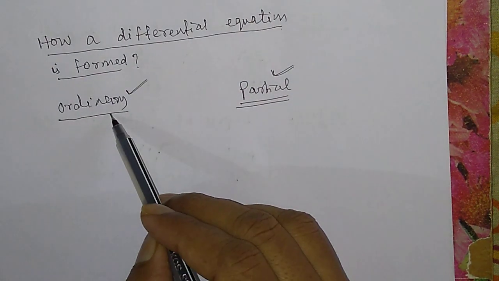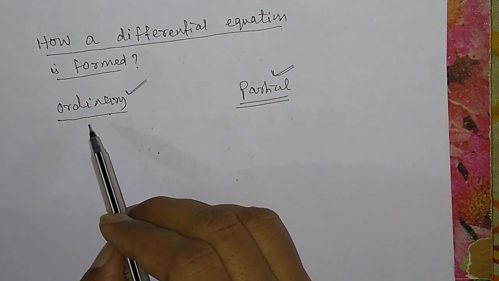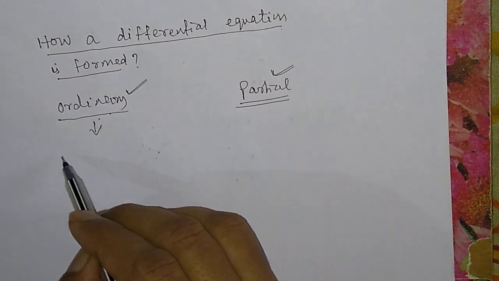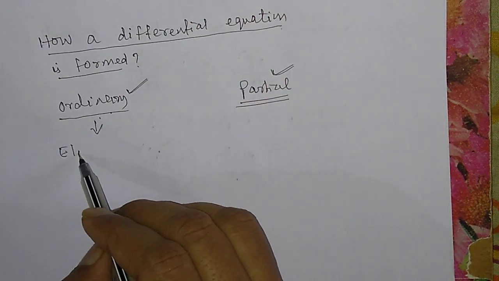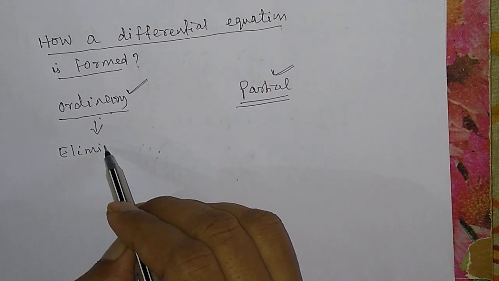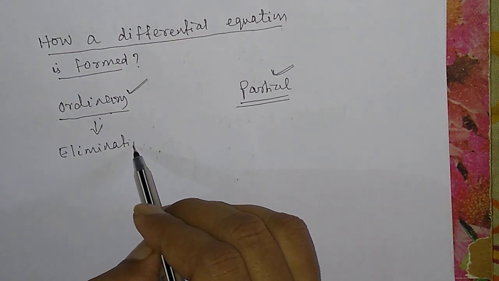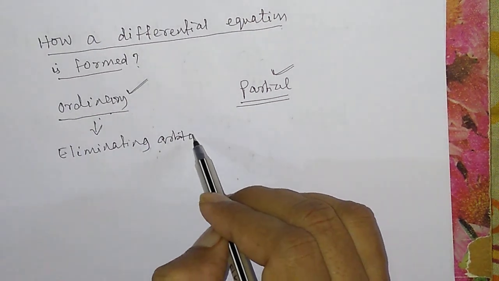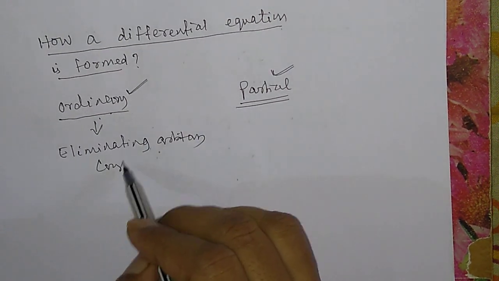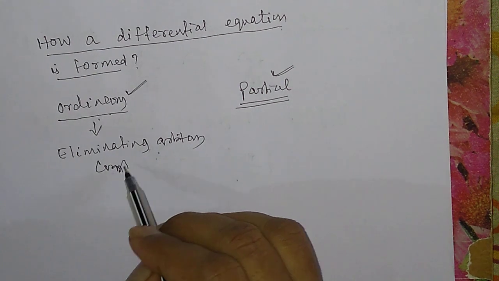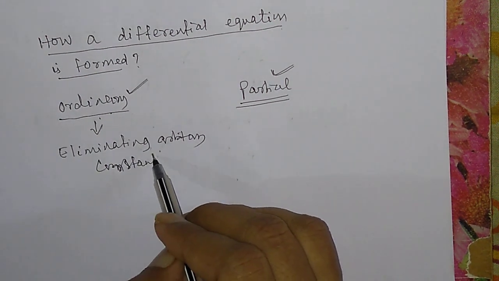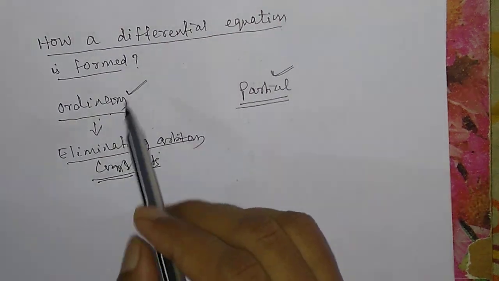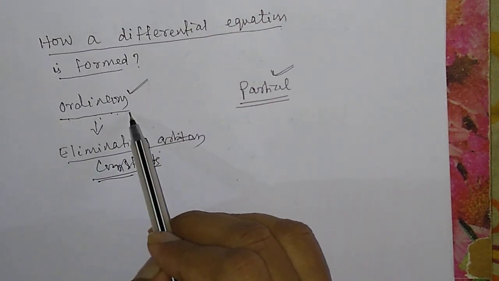How do you form an ordinary differential equation? You can form an ordinary differential equation by eliminating arbitrary constants. By eliminating arbitrary constants, you can construct the ordinary differential equation.